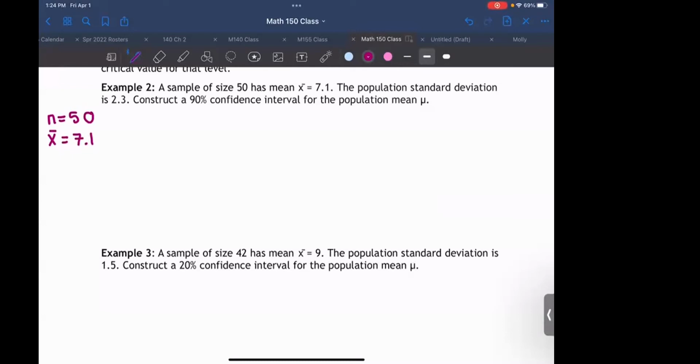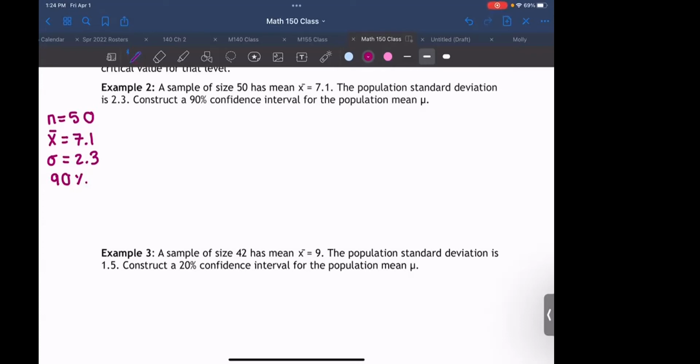What symbol does population standard deviation use? Good. The circle with the line on top. Sigma equals 2.3. This question is asking us to create a 90% confidence interval for the population mean. So we want 90%. If we played the range game over and over again, 90% will be winners, 10% will be losers.